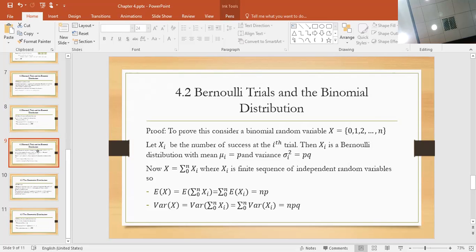At the second trial, you might have 0 or 1, the number of successes. So, for example, you toss a coin 3 times. What is the number of heads? If x equals 0, it could be that x1, x2, x3 all equal 0.